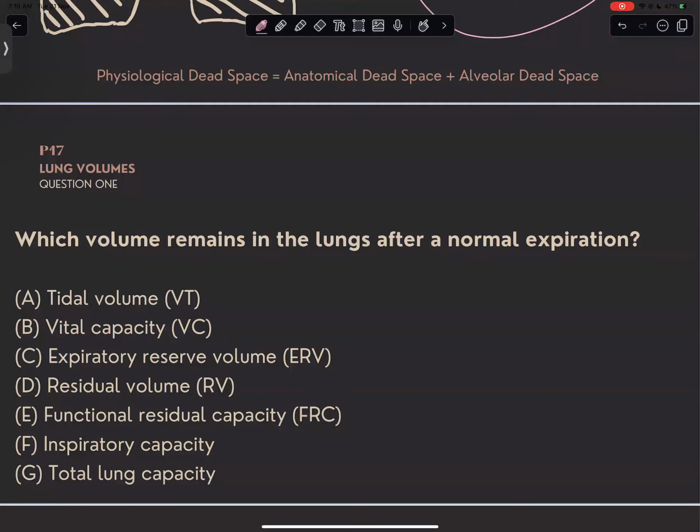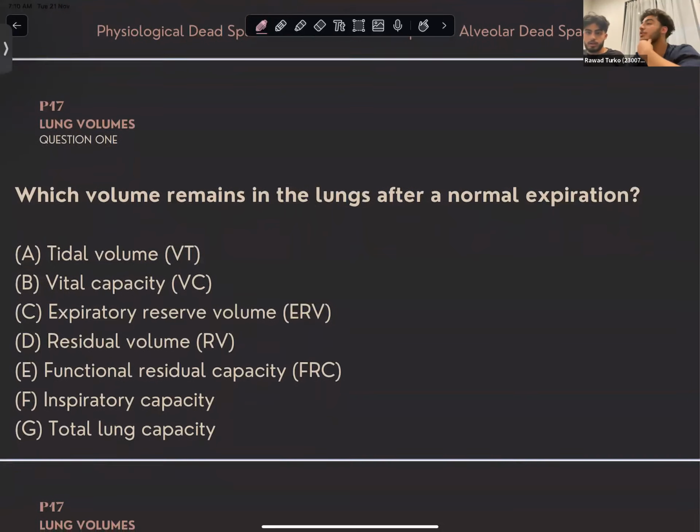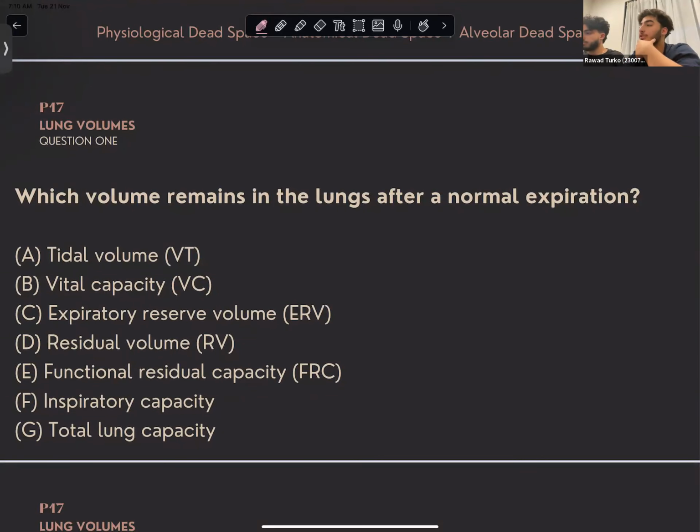Because after normal expiration, we will have residual volume, and we will have the maximal expiration volume. So both is functional residual capacity. Okay, sure. Now somebody who said C, expiratory reserve volume. Can somebody tell me why you think it's C?